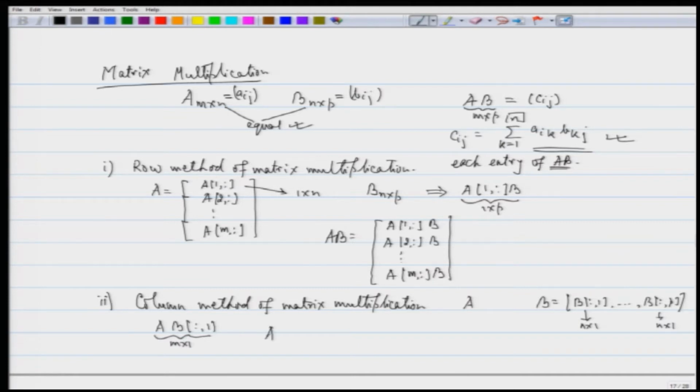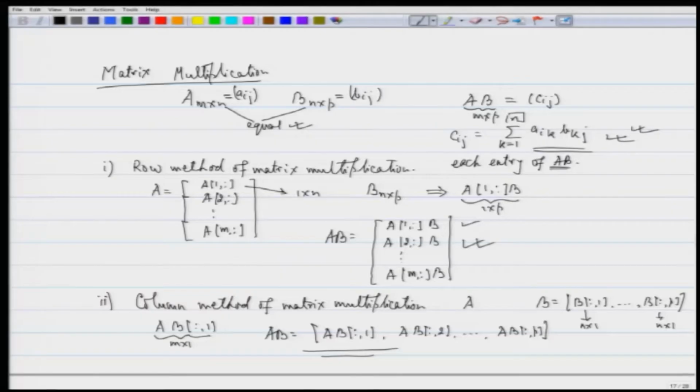So, I could write AB as A times the first column of B, A times the second column of B, and so on till A times the pth column of B. So, AB was equal to this, and this was the entry wise.